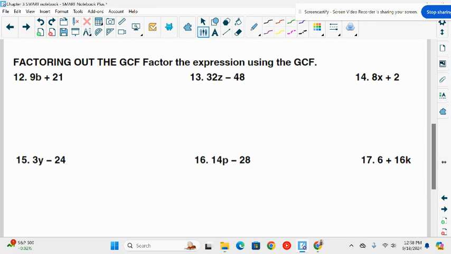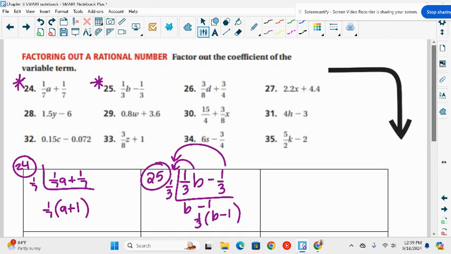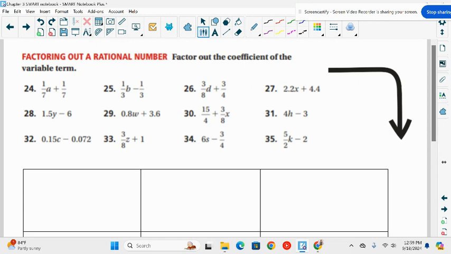Because I believe in you, and because I feel like you can do this part right here, because we did this last year, we're going to skip this part. We're going to skip this practice because I know you know how to do it. Or I'm going to assume you know how to do it. On this side right here, I just want you to do 24 through 30. So I just want 24 through 30 on this side for practice.